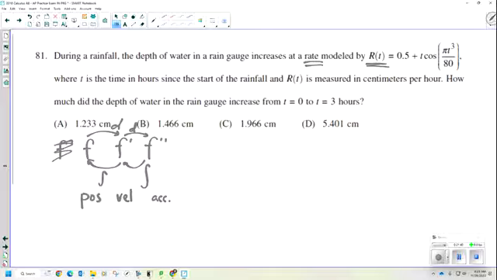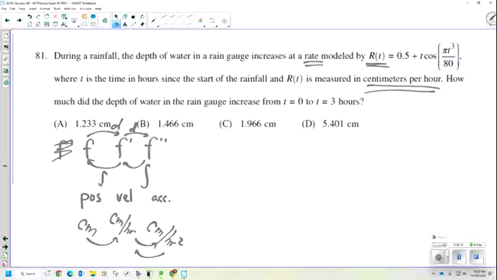If we have a rate, which is centimeters per hour, the second derivative is centimeters per hour squared. Remember, you can write hour twice, which means the original function is just centimeters, so I'm going backward. So again, derivative is this way, and integration is moving back.